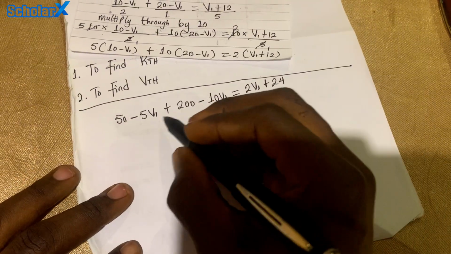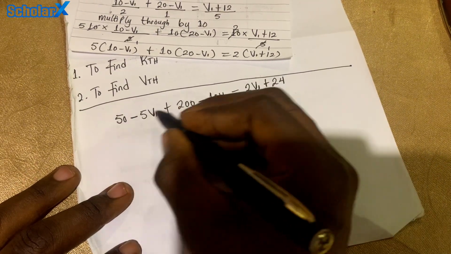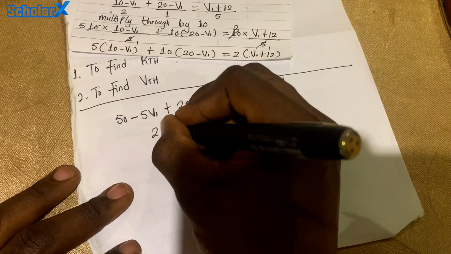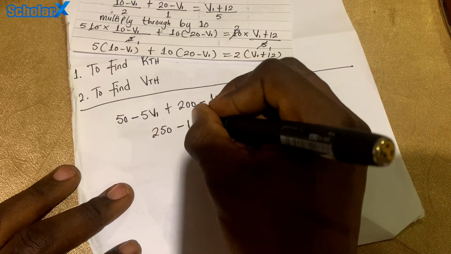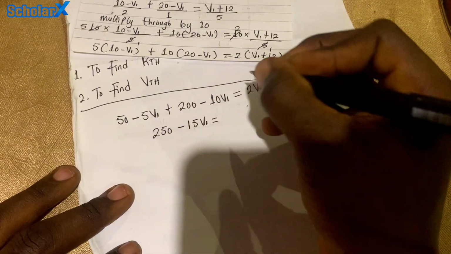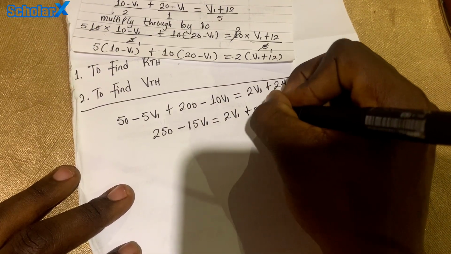So we want to find V1. 50 plus 200 gives us 250. Now minus 5V1 minus 10V1 gives us minus 15V1, which is equal to 2V1 plus 24.